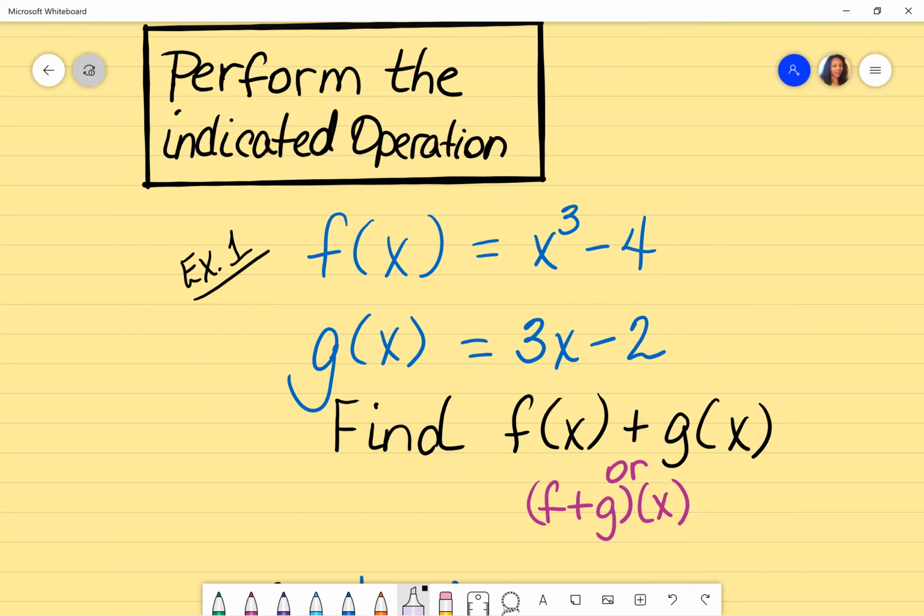So make sure you understand that. This f of x is just simply being added to the g of x. That's it. So another way, again, to say that is put f plus g in its own set of parentheses, and then x in its own set of parentheses, and then just complete the operation.